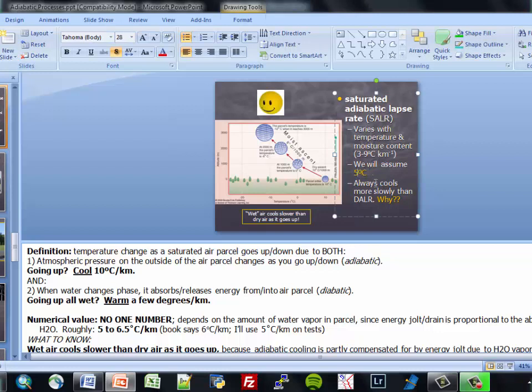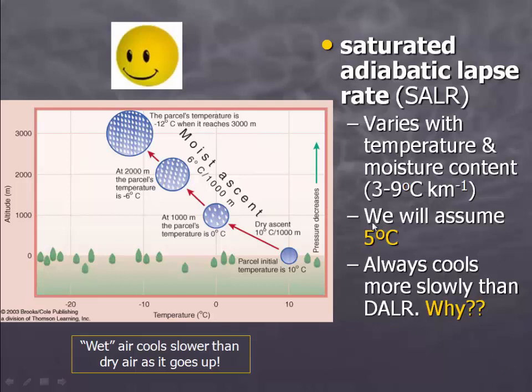Let's just assume for this particular class that the saturated adiabatic lapse rate is 5 degrees Celsius, meaning that once we achieve saturation, we will not follow this 1 kilometer 10 degrees C anymore. Instead, we will go 1 kilometer 5, 1 kilometer 5. So the moral of the story here is that if the parcel is saturated, it will cool at a slower rate than drier air.